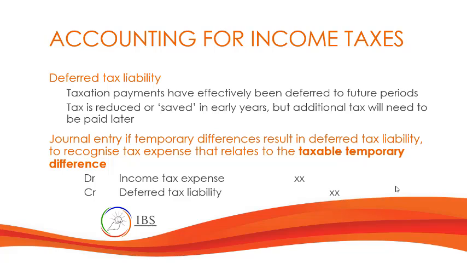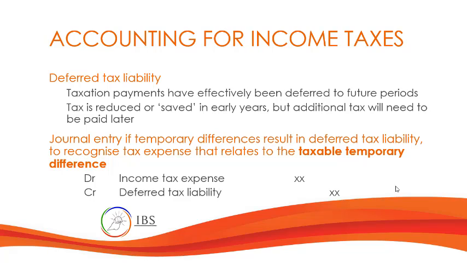Okay, so let's try to see the journal entries here. So for deferred tax liability, the tax payment have been effectively been deferred to future periods. Tax is reduced or saved in early years, but additional tax will need to be paid later.